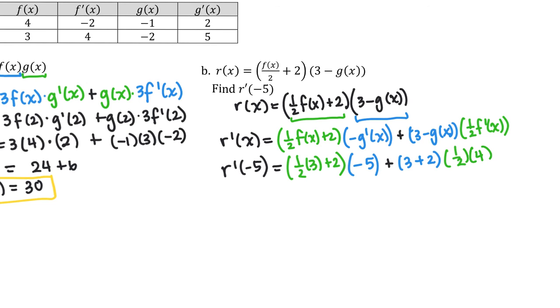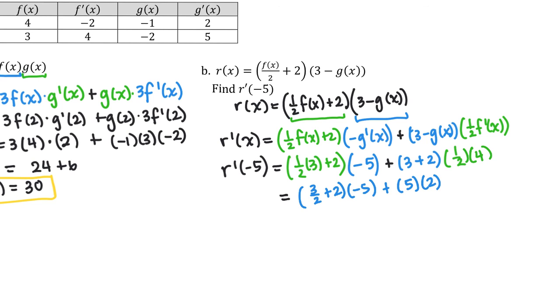Okay, I have all the values I need. Now I just have to evaluate this. So what do I have? I have 3/2 plus 2 times negative 5, plus 5 times half of 4, which is 2.